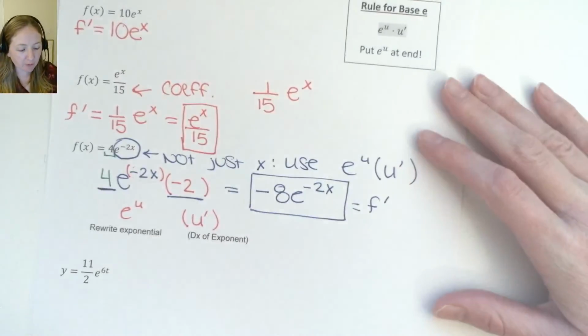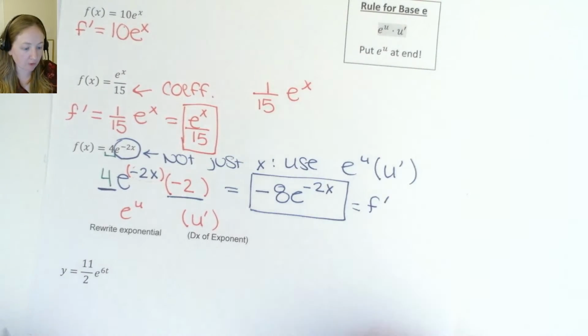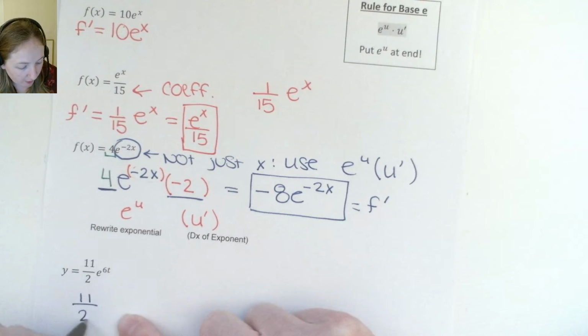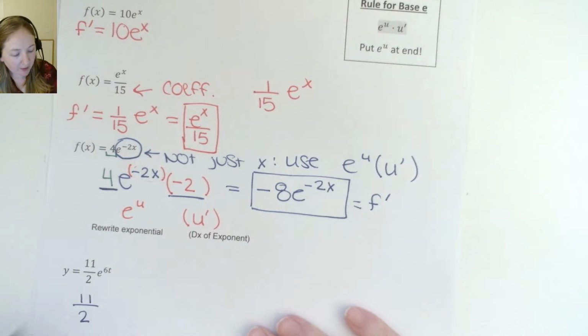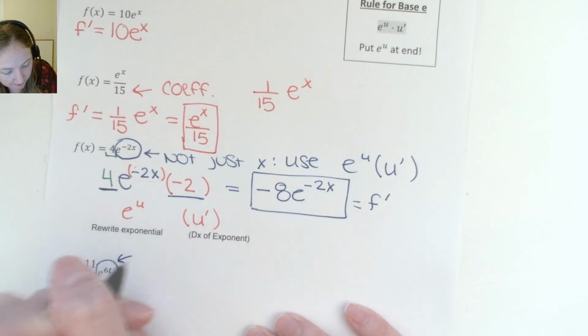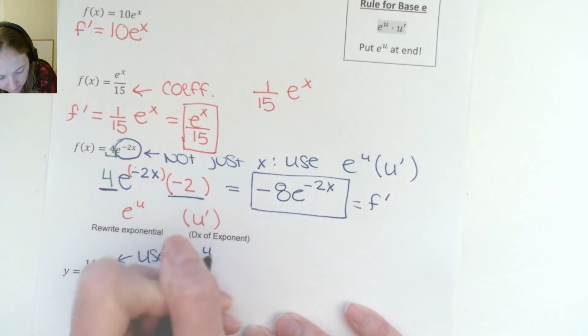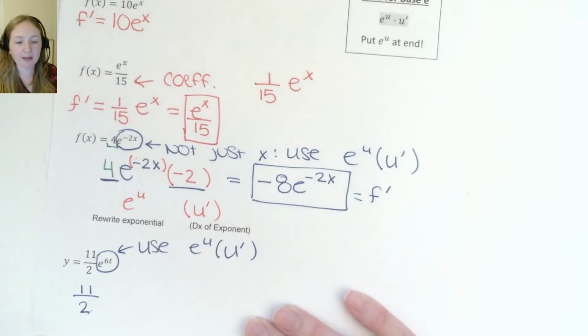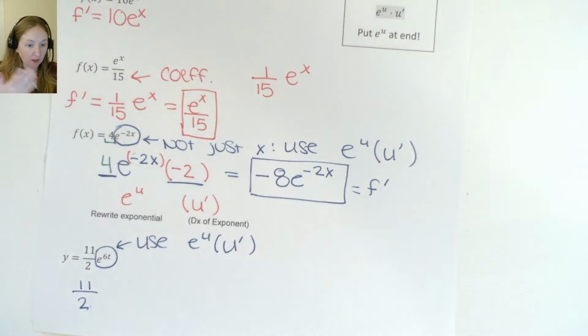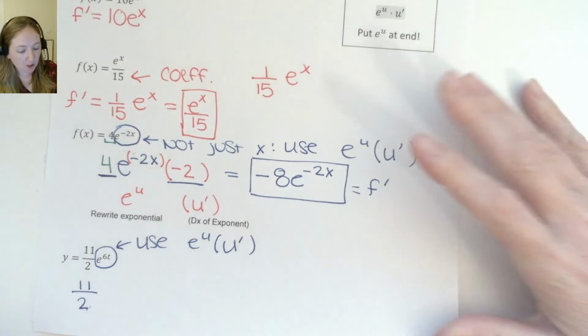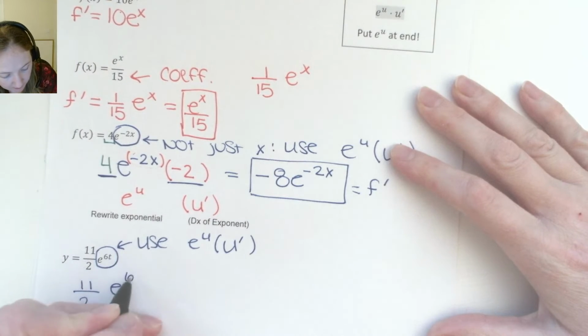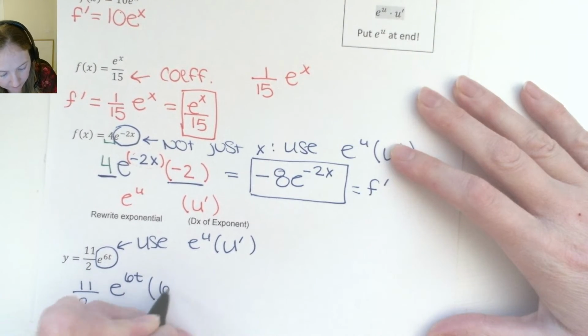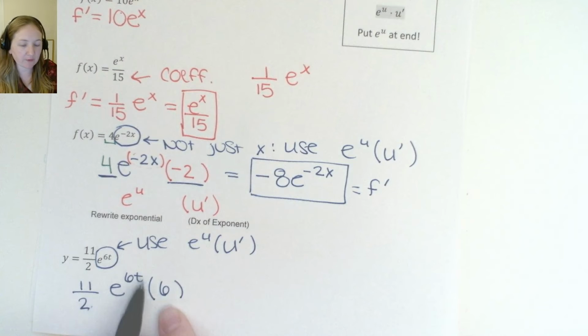So going through a similar example here with this 11 over 2. 11 over 2 is a coefficient. It will tag along. Then for this e to the 6t, we are going to use our e to the u times u prime. And that's, again, because for this e to the 6t, we have something besides just t. It's a 6 times t. So that's going to become e to the 6t and then times the derivative of that exponent, which would just be 6.